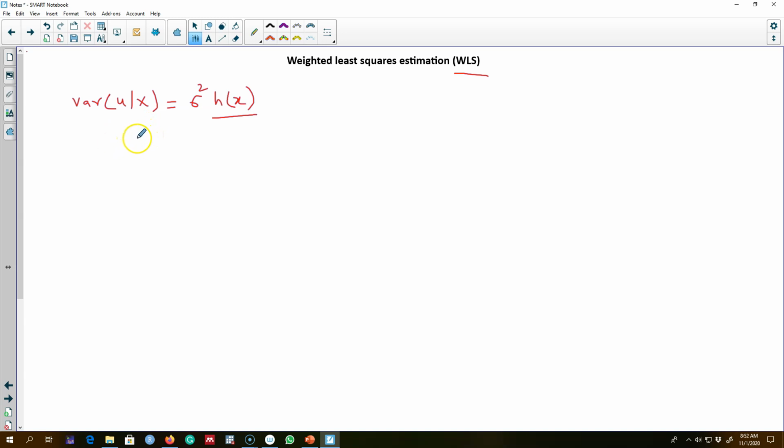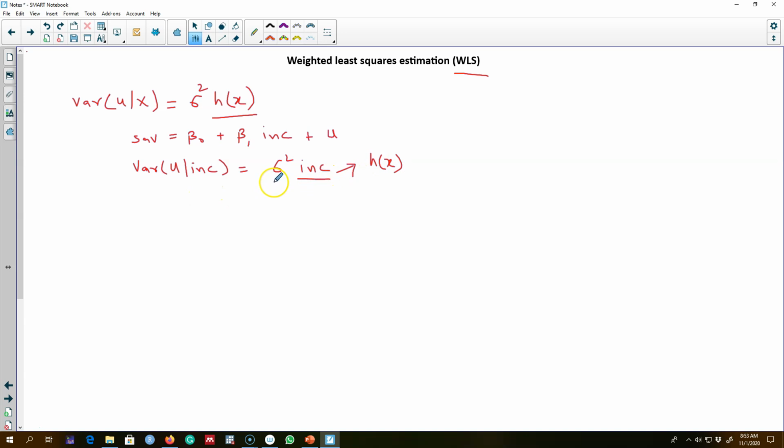For example, if we are regressing savings on income and these are our residuals, and we know that the variance of u given income is a function of income itself, as I showed you in one of my previous examples, because we believe that it is the income which is causing this heteroscedasticity, which means h of x is this income.